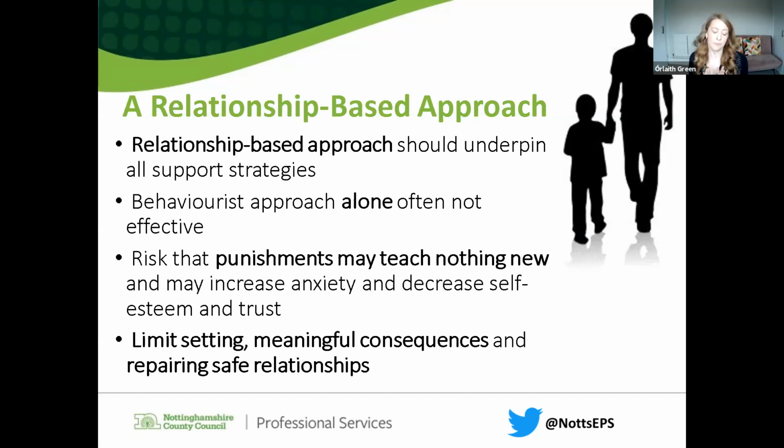So relationship-based approaches are all about learning how to understand limits that trusted adults set for you, learning to accept meaningful consequences which teach you cause and effect, and significantly, learning to repair safe relationships, learning that relationships can rupture and repair. There can be difficulties, there can be issues, there can be bumpy times, and we can repair relationships.